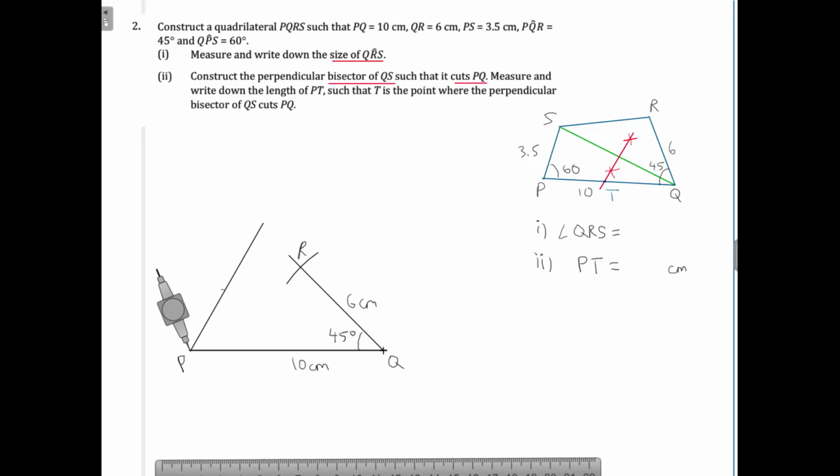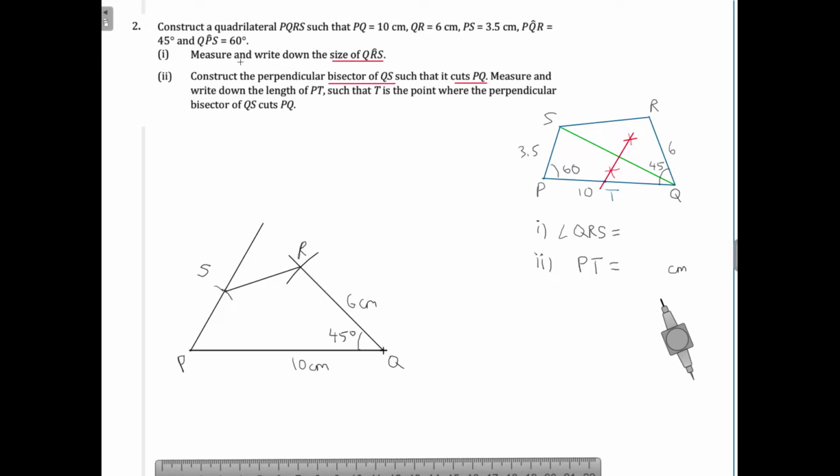Okay, we should draw an arc of 3.5. Move the compass aside. So now we have the point S. And we join the points S to R using our ruler.